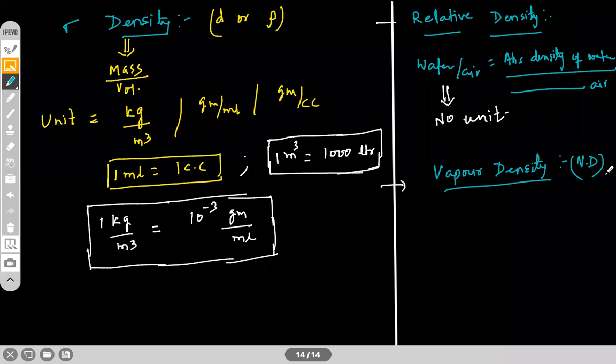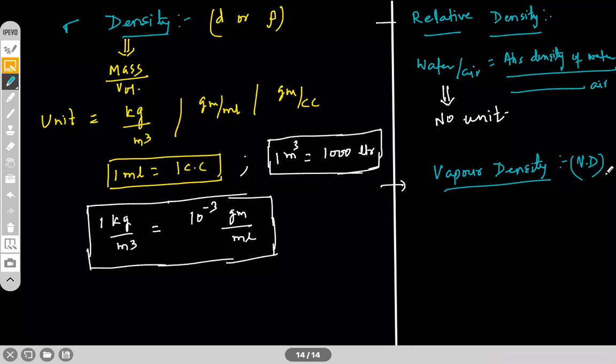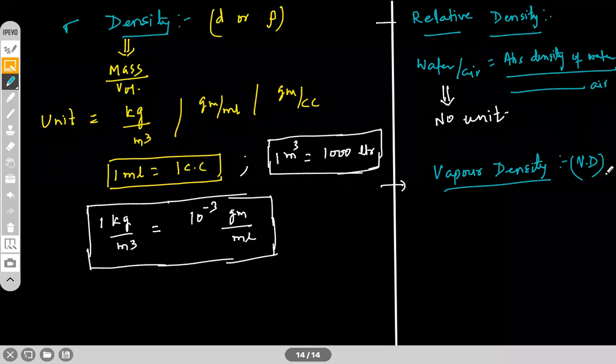So if you have to find the molecular mass of that gaseous mixture whose vapor density is known, how do we do that? That's why we should understand the relation of vapor density and the molecular mass of a gas. Understood?